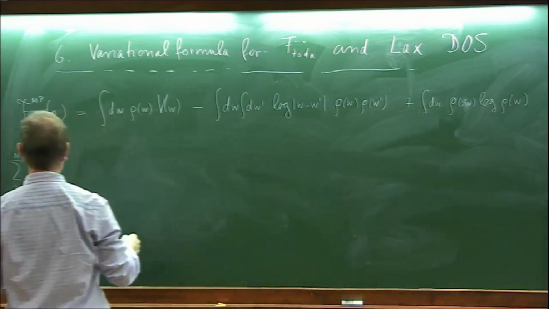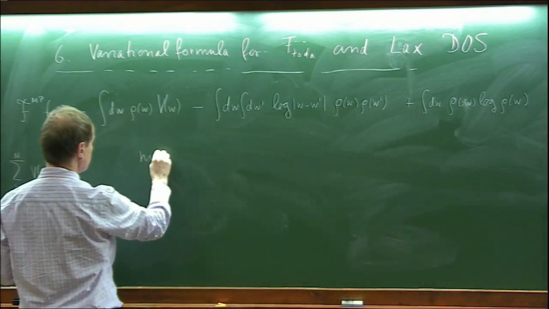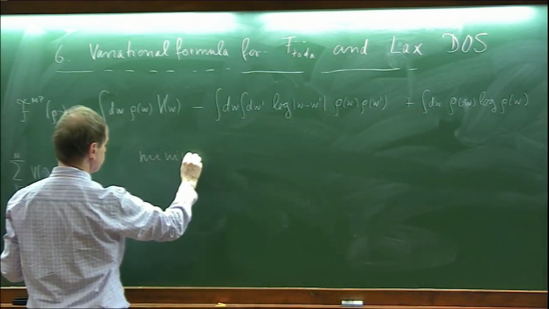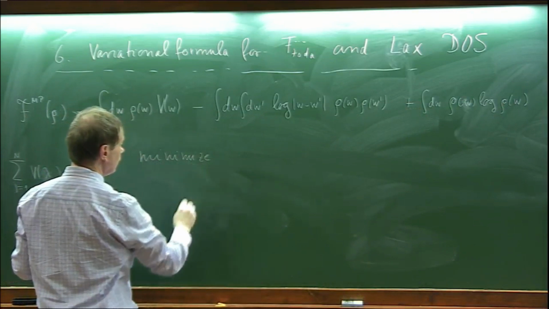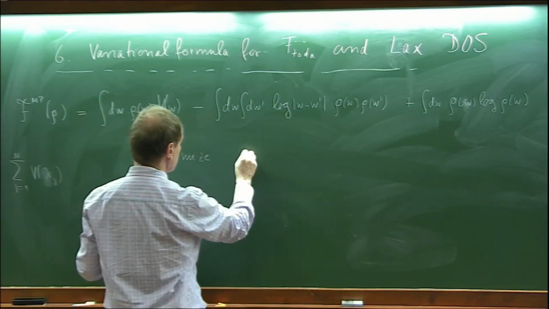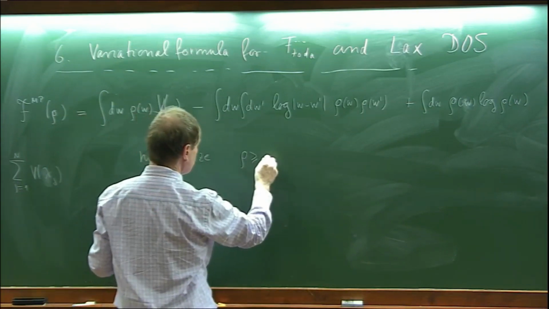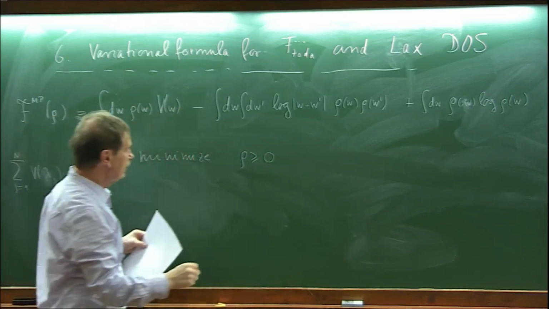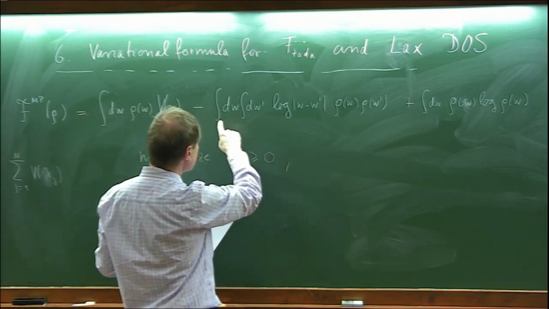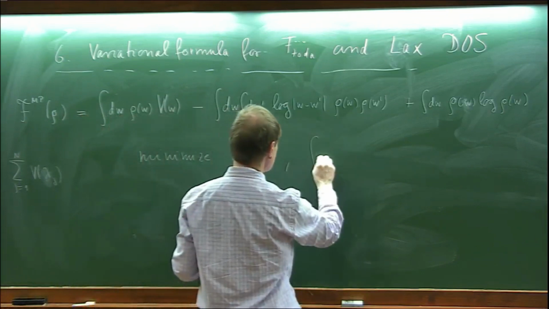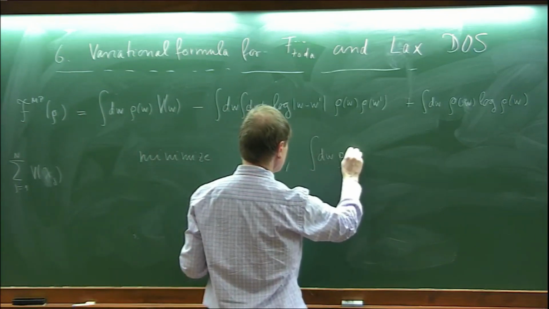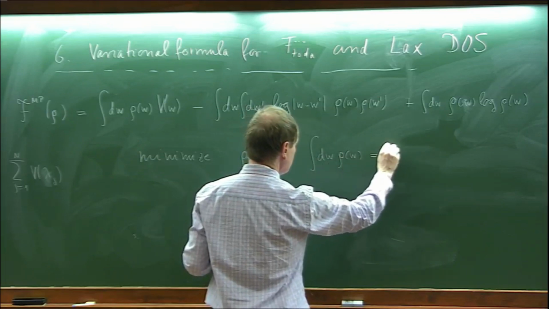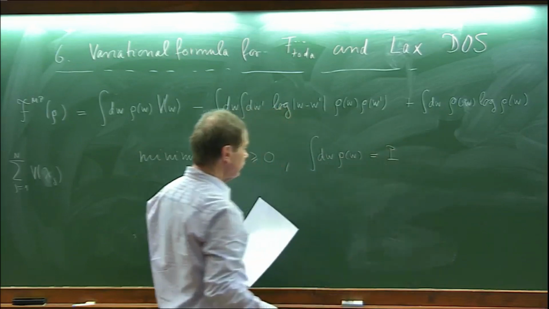And since I shifted, you have to minimize over all rho which are densities, so these functions have to be positive. But now the normalization has been shifted: the integral over dw rho of w should be equal to p. This is where the pressure enters.